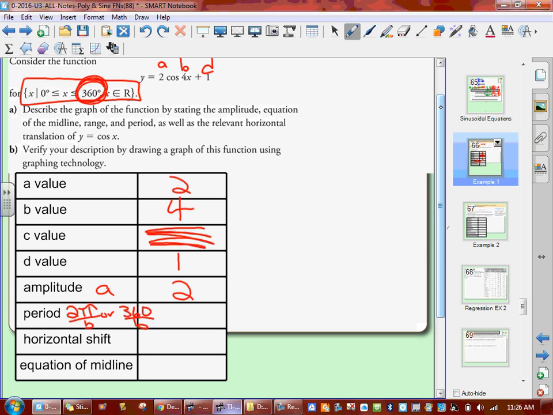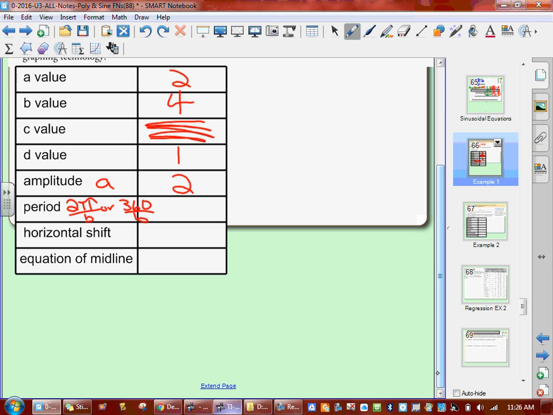So we're going to go 360 divided by our B value, which is 4. So if I go 360 divided by 4, I'm going to get 90 degrees. So 90 degrees is my period. The B value? No, the B value is the number that sits in front of the X. The amplitude's the A value.